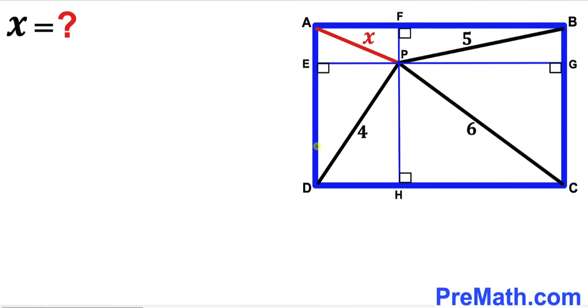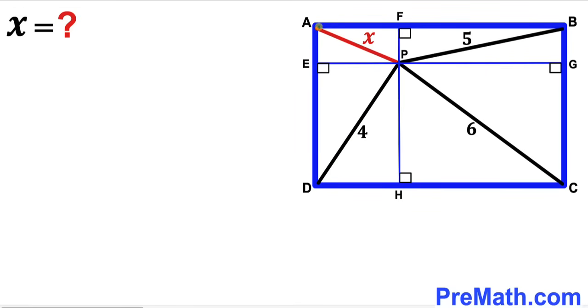As a result, we got these 4 rectangles. This is our very first rectangle, this is another rectangle, and this big rectangle as well. And finally, this is our 4th rectangle. Let's make an observation.